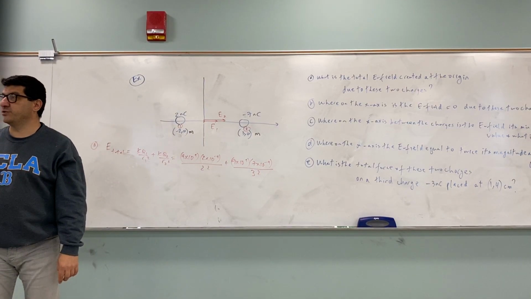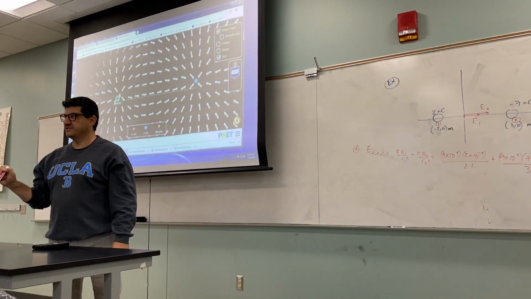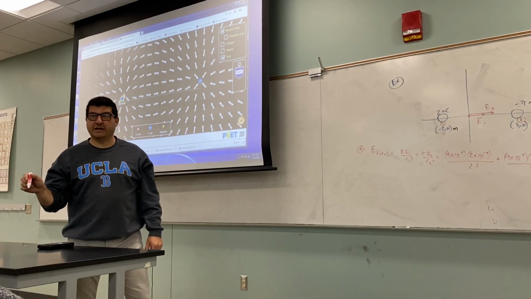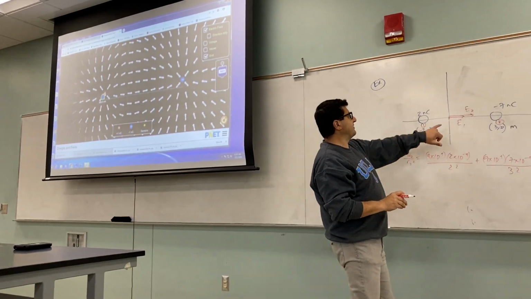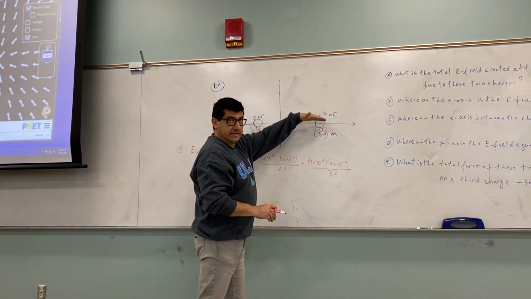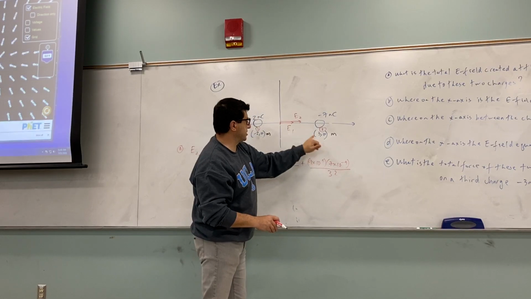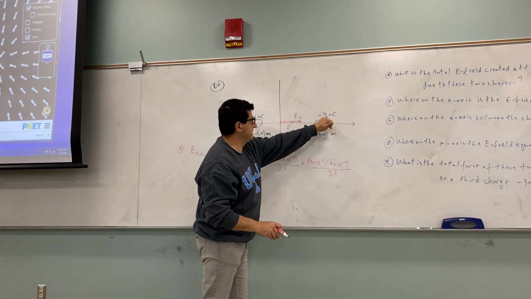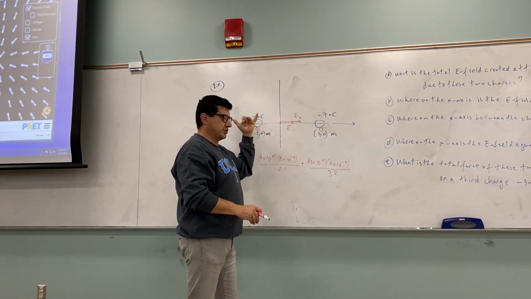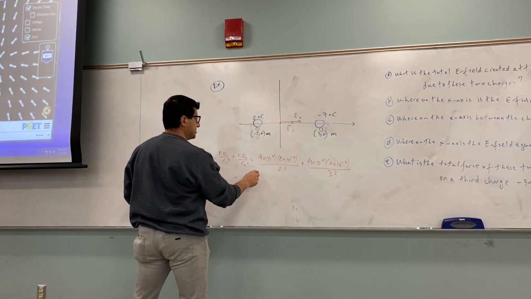For this one, when you're putting the charge, you don't put a negative. You just add them up because we already used the fact that the electric field of this is going towards it because it's negative. I don't want to put a negative here because then the equation will think the electric field created by this is to the left. So you want to keep it as positive, and then you want to add those.